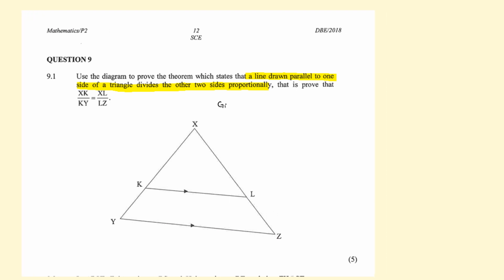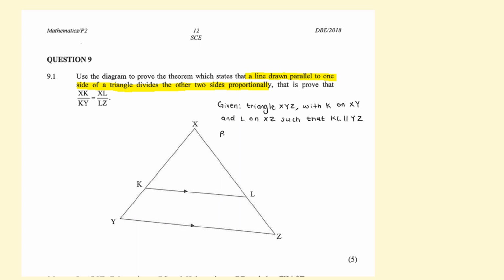We are given triangle XYZ, with K on XY and L on XZ, such that KL is parallel to YZ.